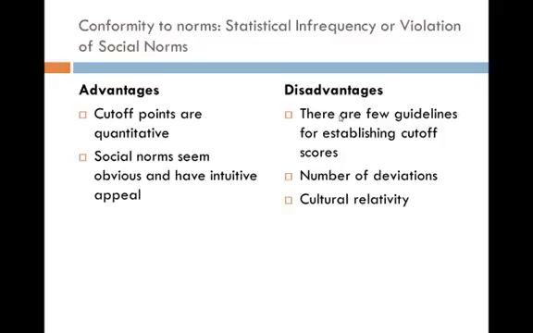Along with that come certain disadvantages, because we realize as clinicians that there are few guidelines for establishing cutoff scores. So it's a subjective process. And when you look at subjectivity, one can evaluate a person's behavior as being abnormal when in fact it may not be abnormal at all, particularly when you look at one's behavior from a cultural context.